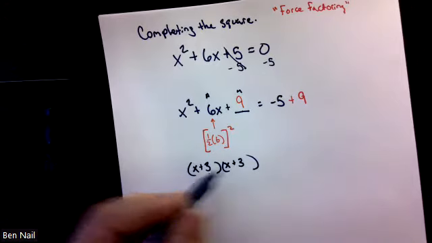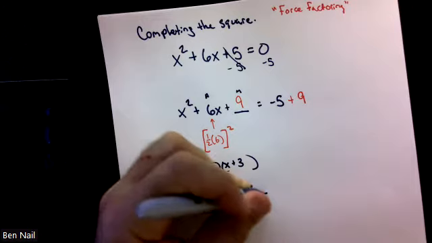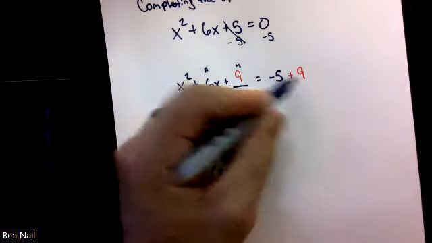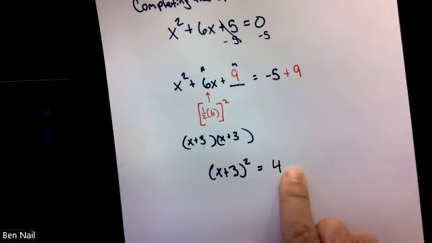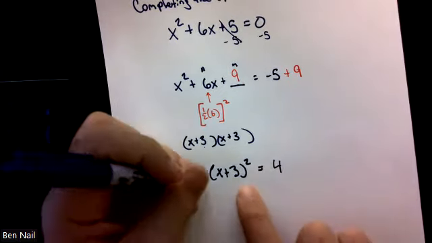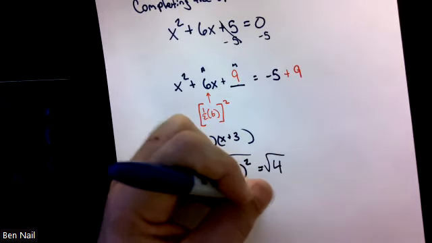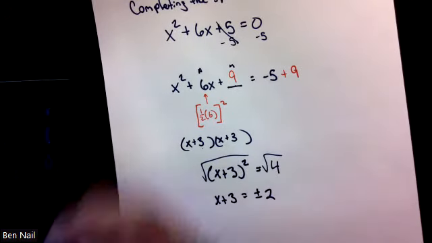And what's nice is another way to write x plus 3 times x plus 3 is x plus 3 quantity squared. So then if we add -5 plus 9, we get 4. And now we've made it to where we can solve using that square root method. So if we square root, x plus 3 equals plus or minus 2, the square root of 4.